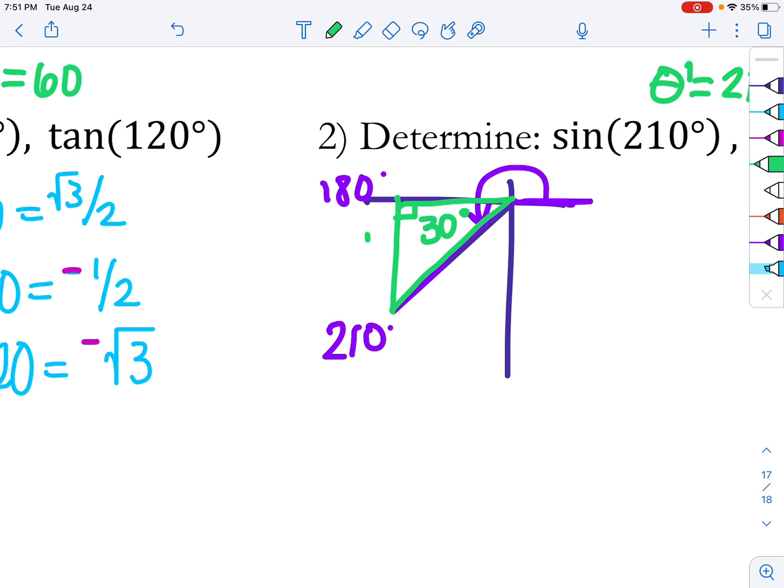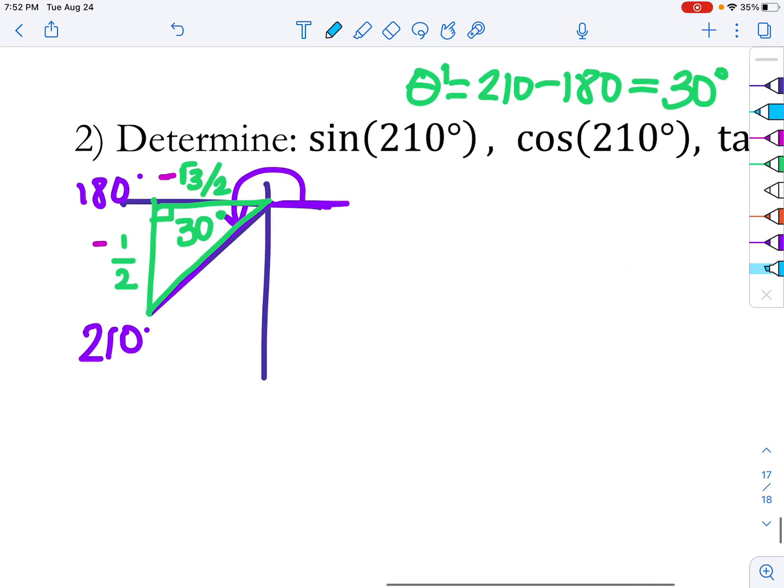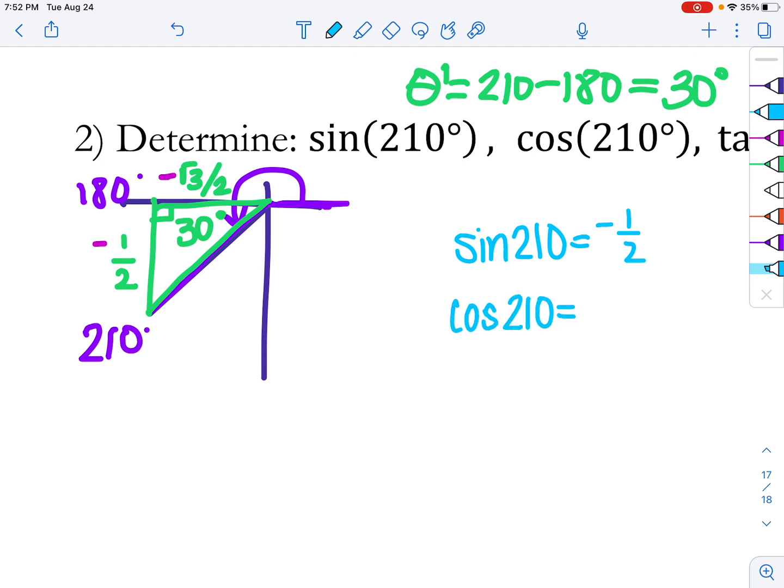The side opposite of the 30 is 1/2. The adjacent is root 3 over 2, the sine and the cosine. And then we just remember in the third quadrant, sine and cosine are both negative, right? So we can say the sine of 210 degrees is negative 1/2. The cosine of 210 degrees is negative root 3 over 2.